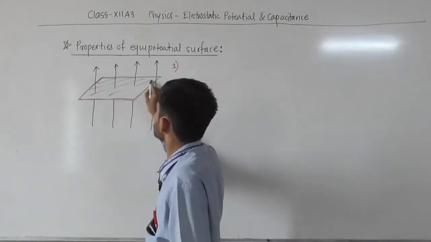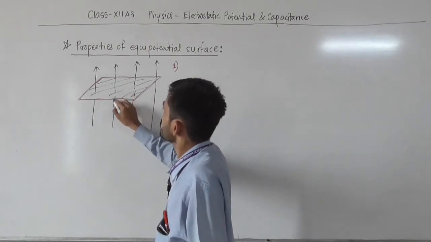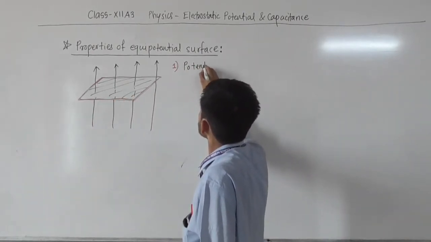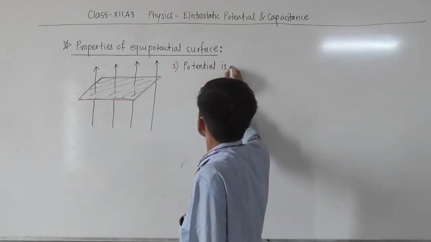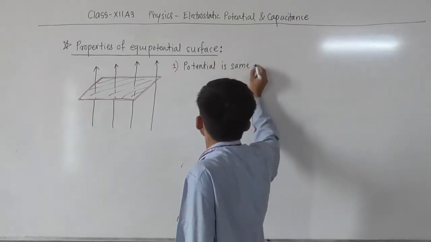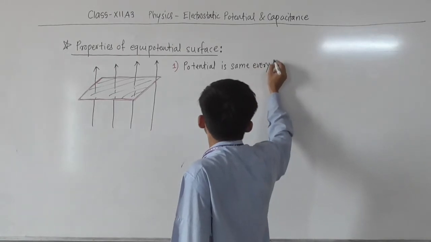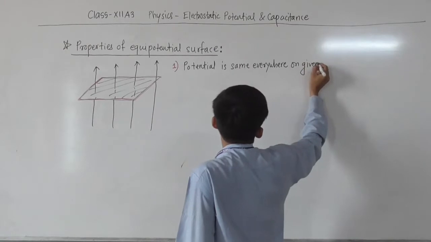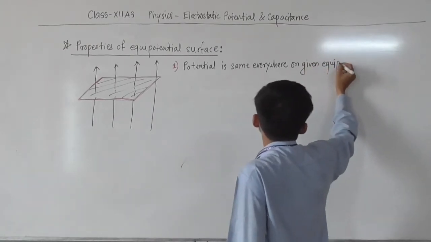Number one, potential is same everywhere on given equipotential surface.